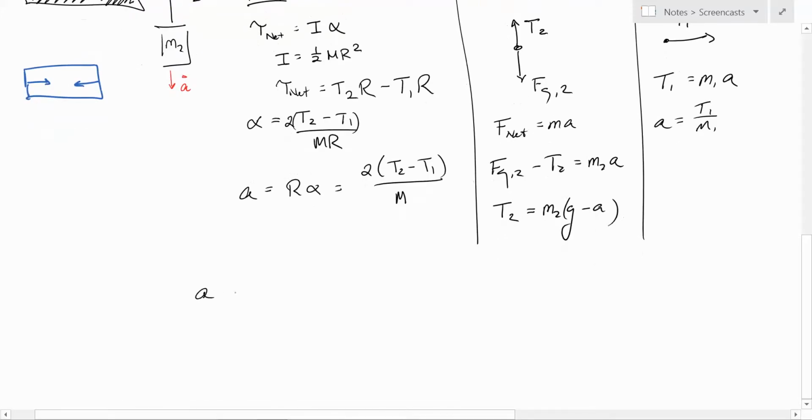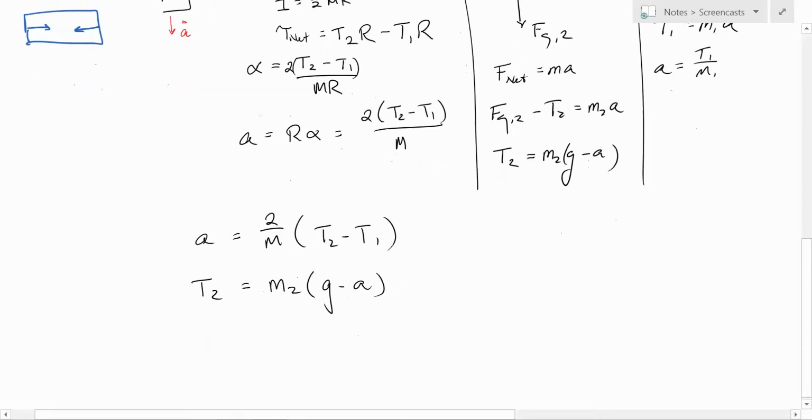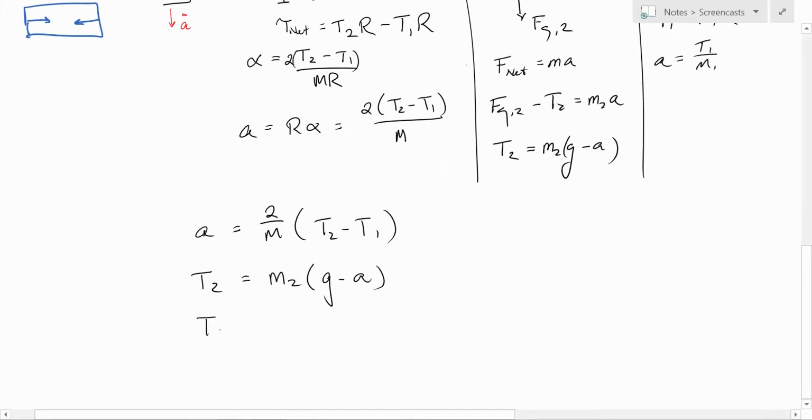So A is equal to 2 over M, T2 minus T1, T2 is equal to M2 times G minus A, and T1 is equal to M1 times A. So let's try this out.